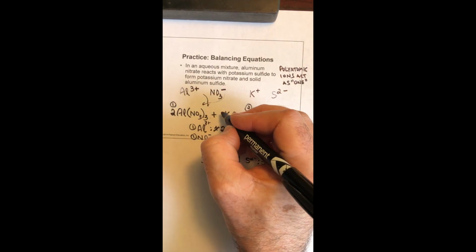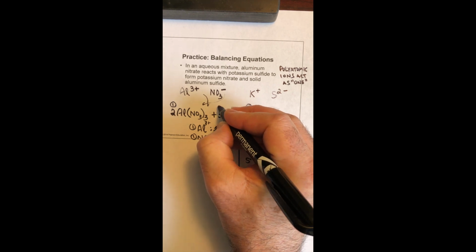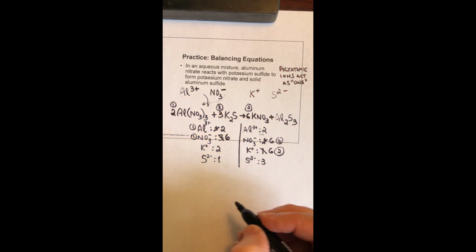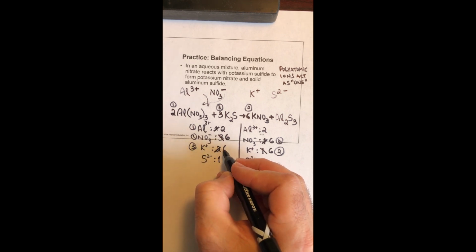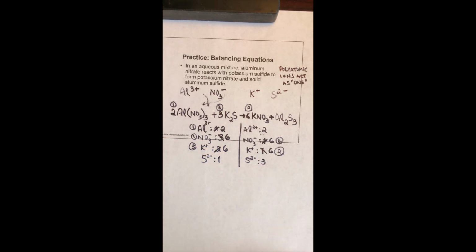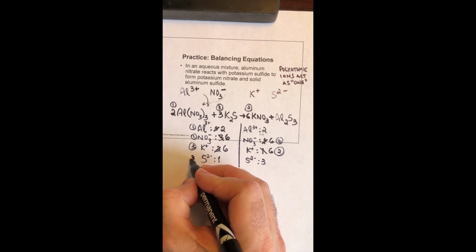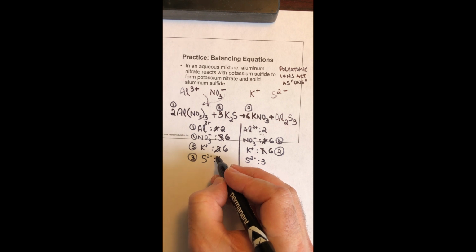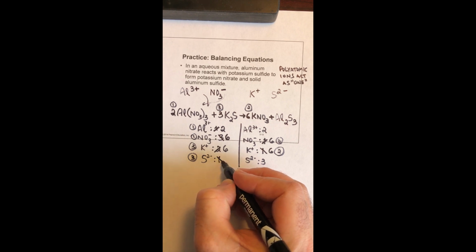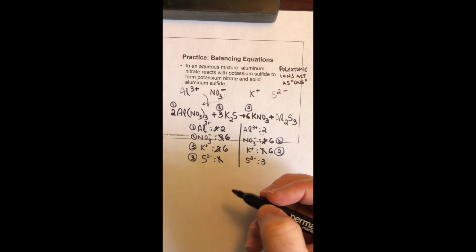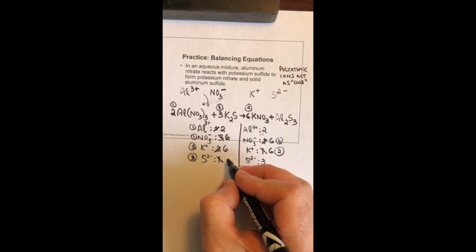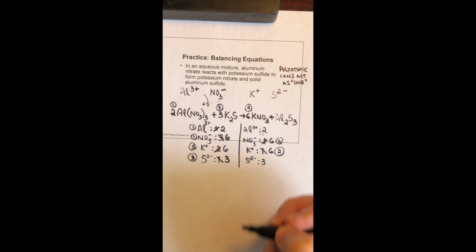So easy to fix. I'm going to put a 3 over here. This will be step number 3. And as a consequence of step number 3, I now have 6 potassiums here on the left side. But notice that also as a consequence of that step, and again I use a downward slash for things that were not directly caused by my intervention, I now have 3 sulfites here on the left side.